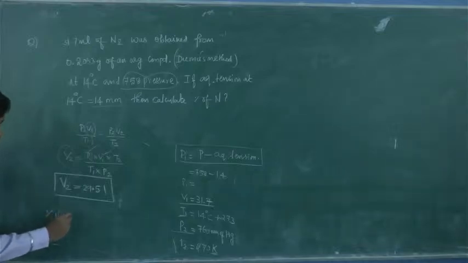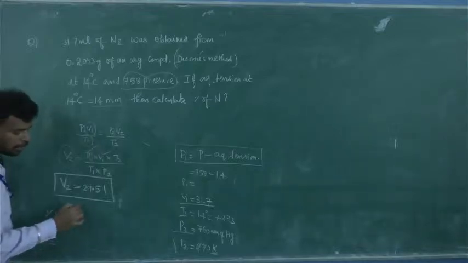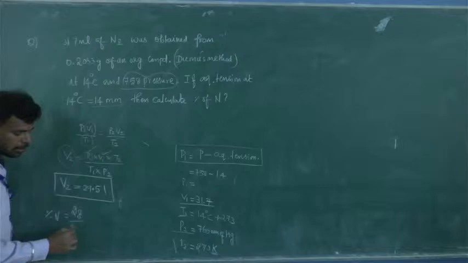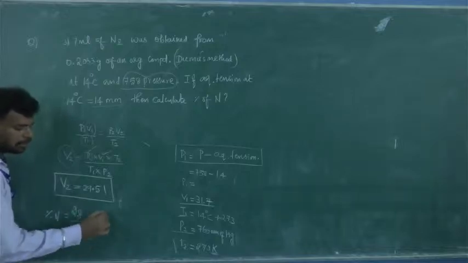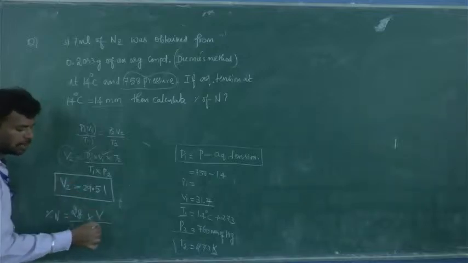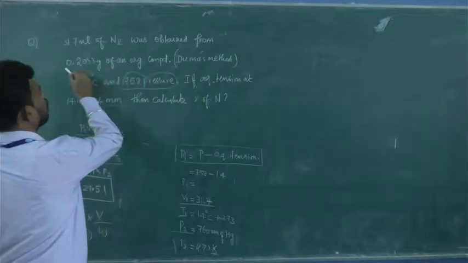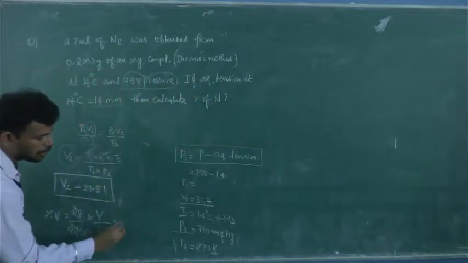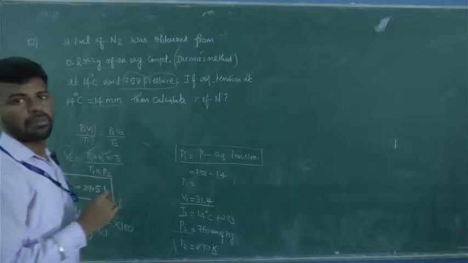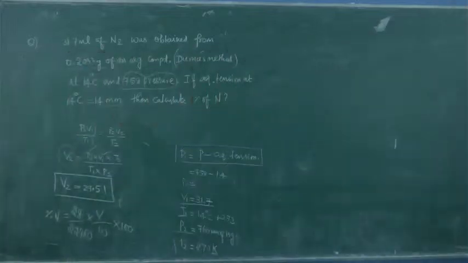What is the formula? 28 into this volume at STP divided by the given organic compound mass, into 100. So simplest formula. Lengthy questions, but once decoded, the simplest answer. So please do this.